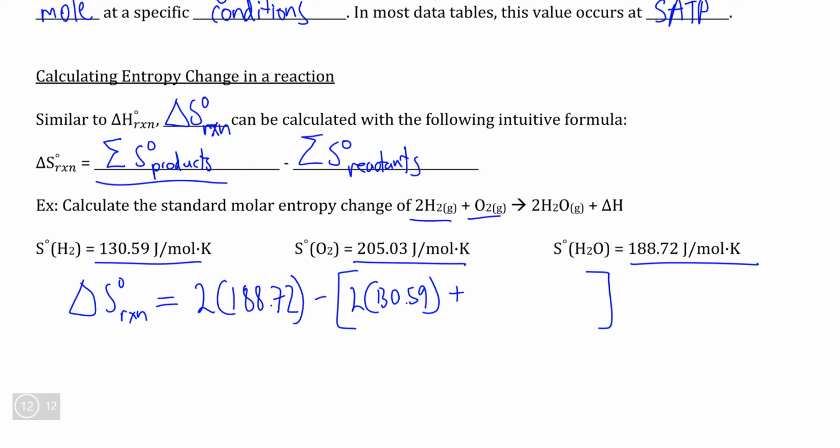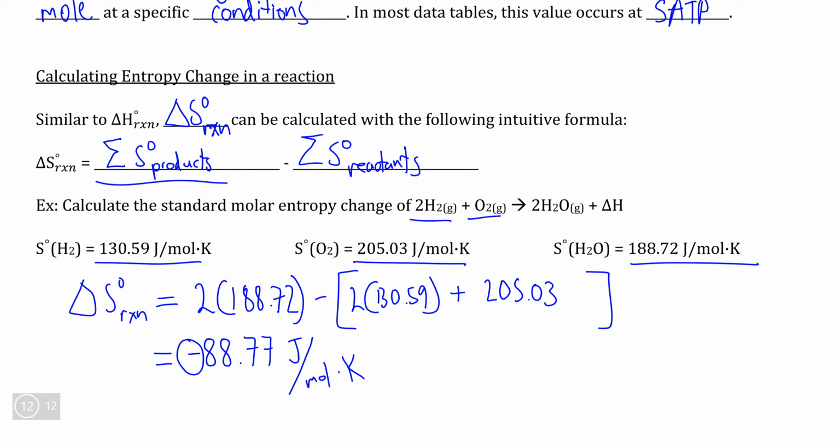And we're going to add the standard molar entropy of oxygen gas, 205.03. If you put this into your calculator, you should get negative 88.77 joules per mole of chemical times degrees Kelvin.